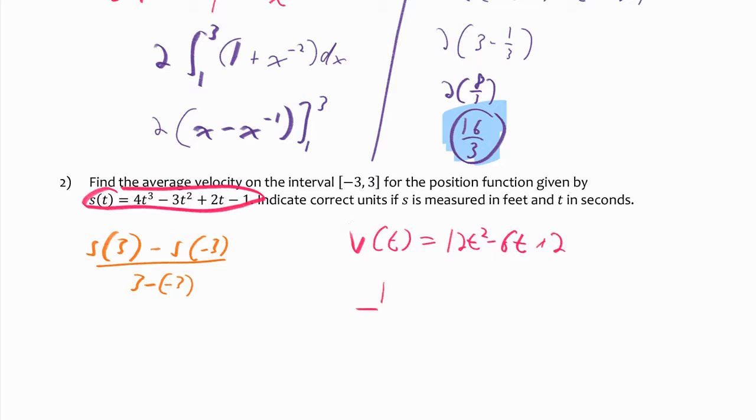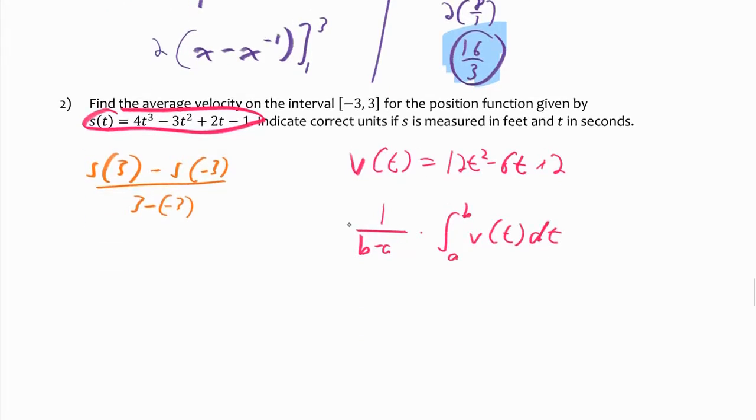And so if I do 1 over b minus a times the integral of the velocity function from a to b with respect to t, I would get 1 over 3 minus negative 3 times, well, the integral of velocity is position. It is s of t, and I would just get s of b minus s of a, which is what this is. So whichever way you do it, you're going to get the same thing.